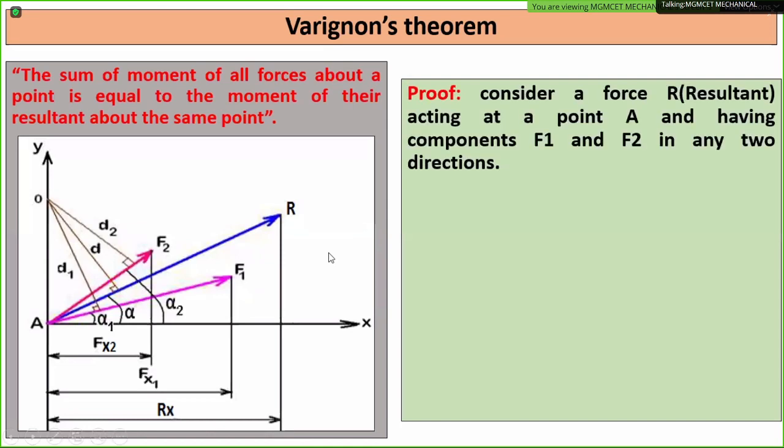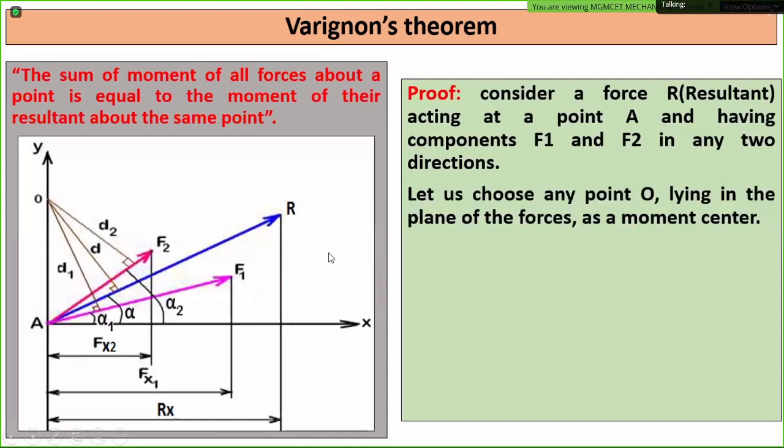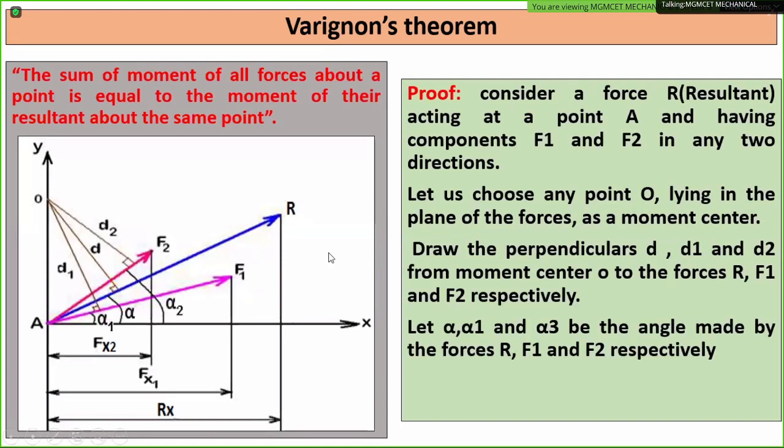I think it's understood. Whatever I have explained is written on the right hand side diagram: F1, F2, two forces, angle alpha 1, alpha 2. Resultant का angle है alpha. Resultant का X component Rx, F1, F2 का X component Fx1 and Fx2.